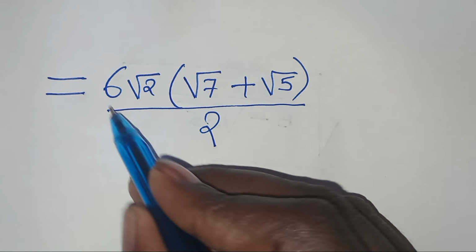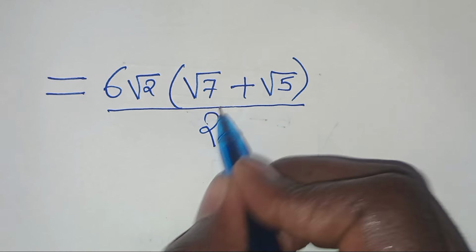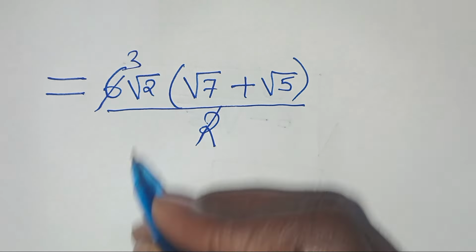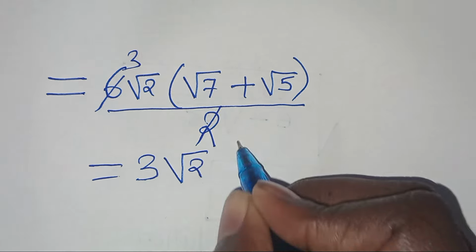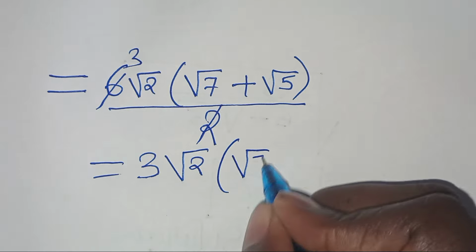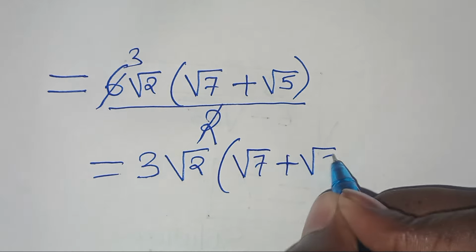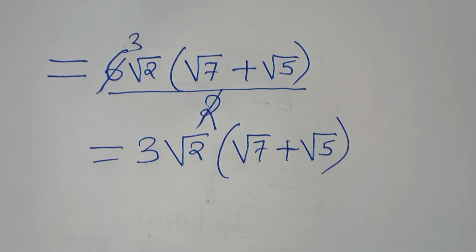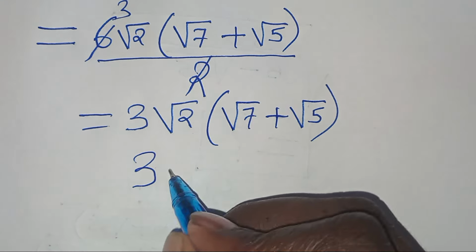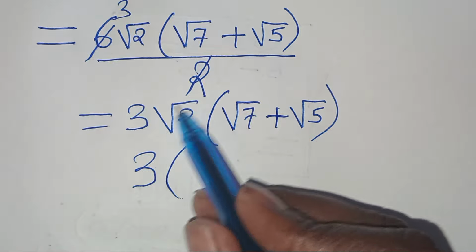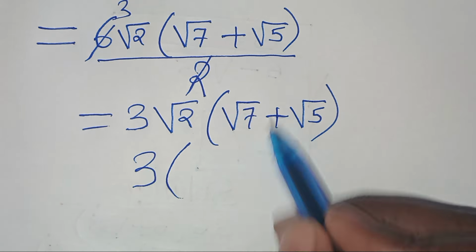Now the next step is to simplify here. 6 divided by 2, this is equal to 3. So we have 3 square root of 2 multiplied by square root of 7 plus square root of 5. Now here we have 3 into the parentheses square root of 2 times square root of 7.